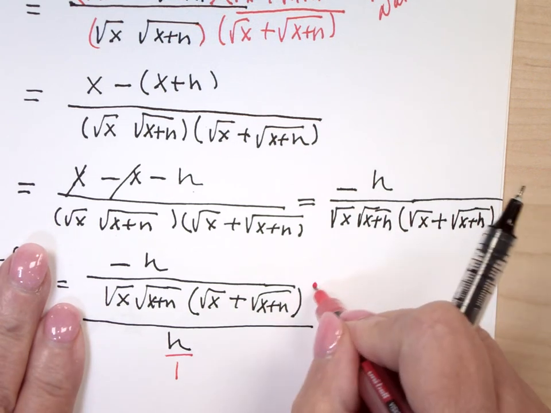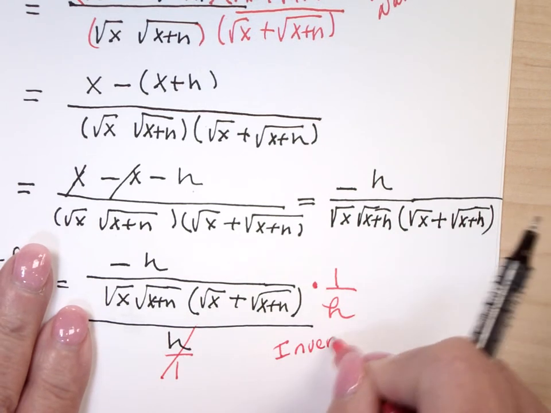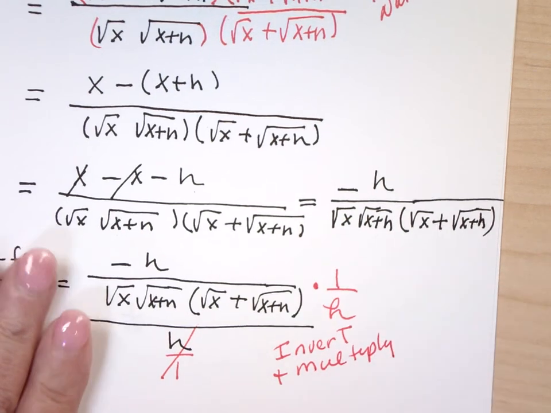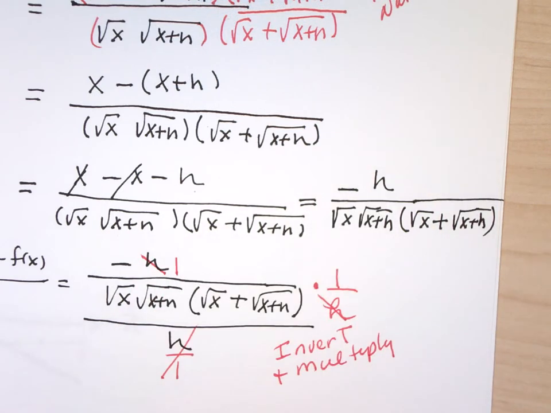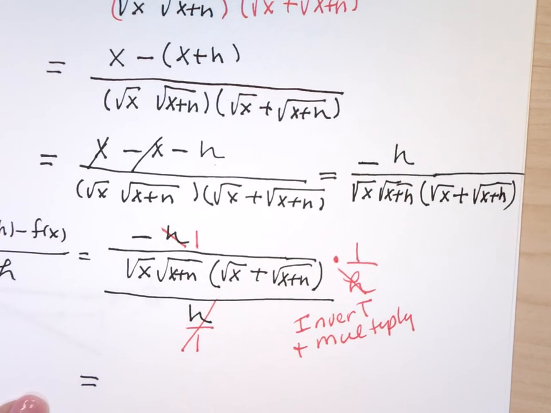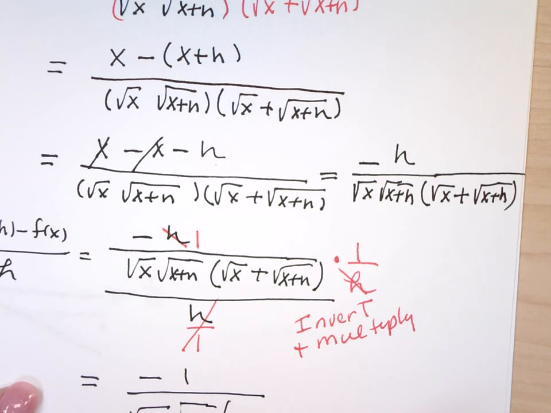Invert and multiply. That saves some writing. So h goes, that goes, leaving me with a minus 1. So the slope of the secant line is minus 1 over square root of x plus h times square root of x plus the square root of x plus h. That concludes the algebra portion of this problem.